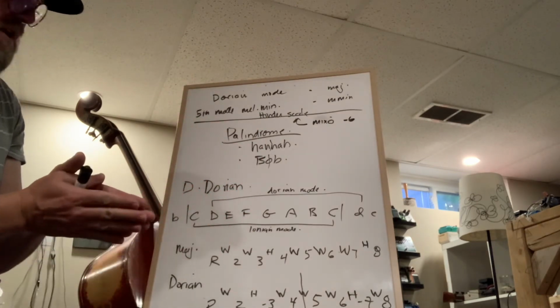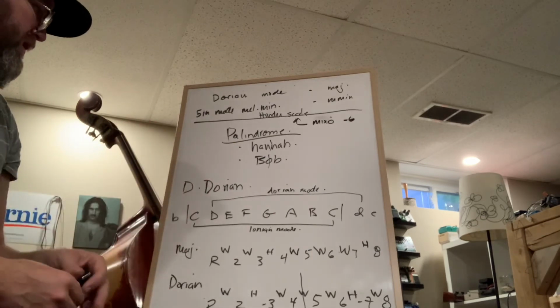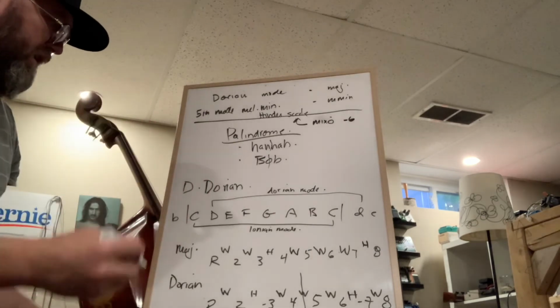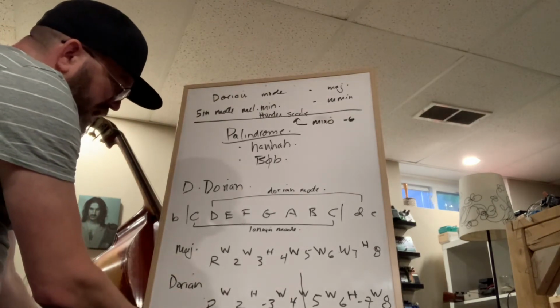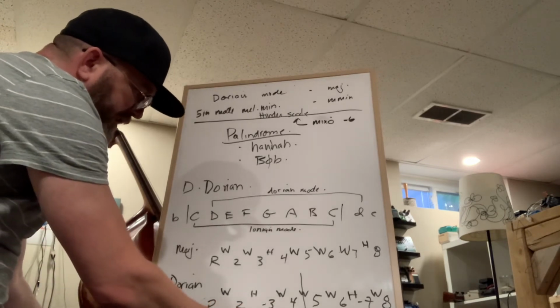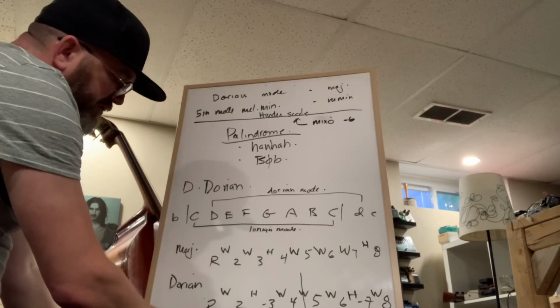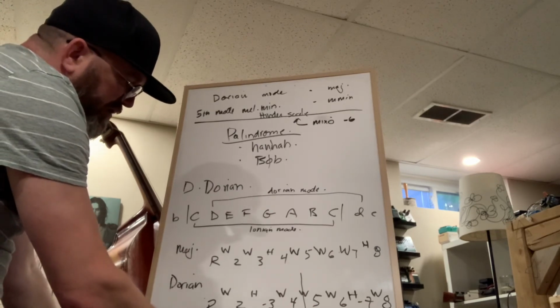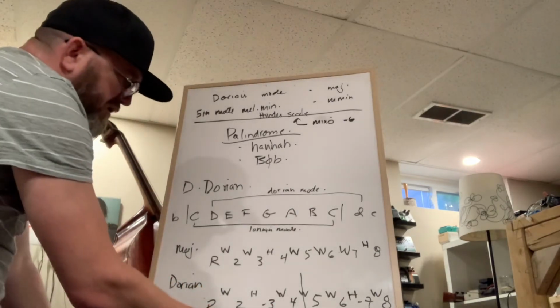There will always be, especially when we're talking about contrary motion, to just illustrate, if you have a line in Dorian going up and then down, and then counterpoint that line starting on the same note, you can have a perfect reflection.